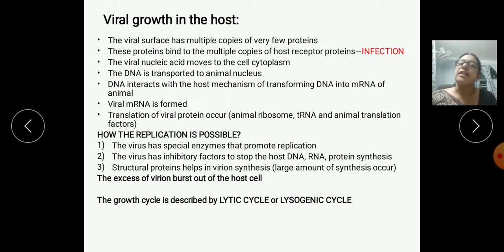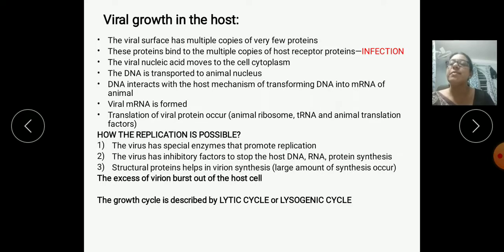And this mRNA that is formed forms the new progeny, or the new generation of the virus. But how is this replication possible, or why does the host body allow the replication of the virus?